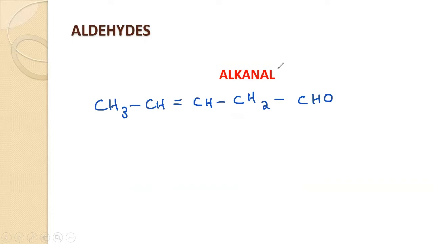So this would be carbon number 1, 2, 3, 4 and 5. Here the root word is pent because there are 5 carbon atoms. There is a double bond at the third carbon. So we call it pent-3-ene and al. So this would be pent-3-enal.